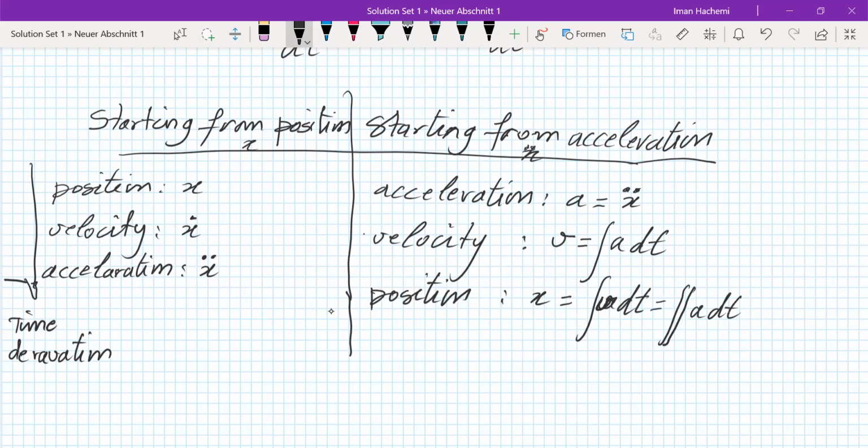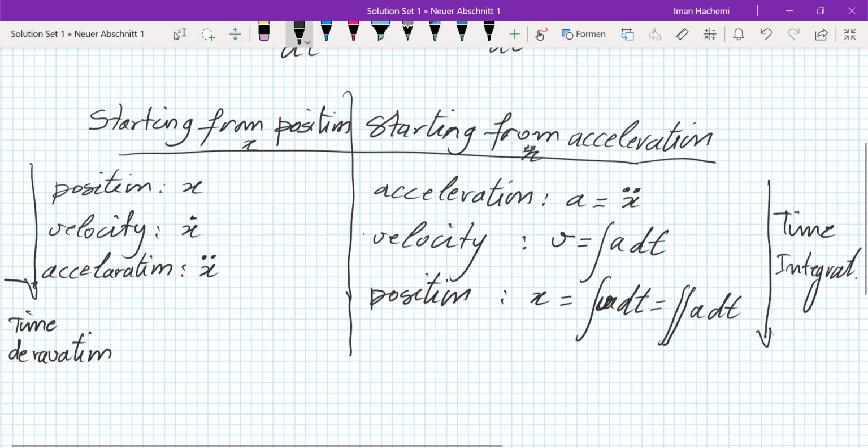It means that in the opposite case we have time integration. On one side we have the position, and then we make the derivation with respect to time.